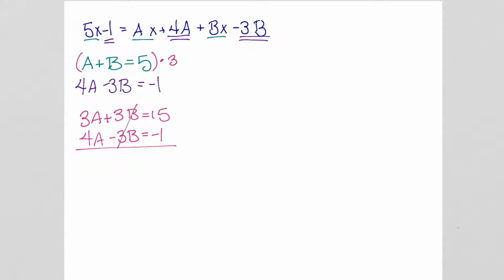Add them so that our B's go away. So we have 7A equals 14. So A is 2. Great, so we found the first one. We just need to go back and find B. So that's not so bad. I'm going to plug into that green equation up there. So 2 plus B equals 5, and so B will be 3.